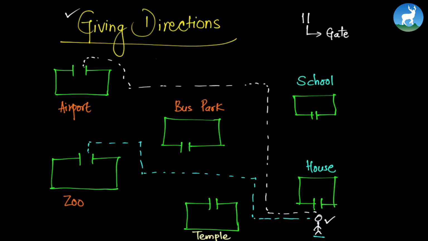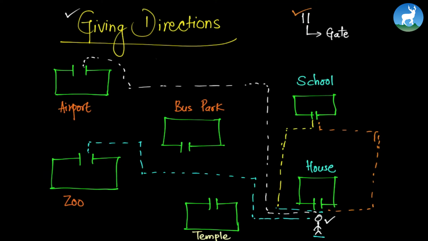How would you walk from your house to the school? You can either walk from here or you can go from another direction. This is another way of reaching your school. We are assuming that these black spaces are the roads, and this pair of parallel lines is the gate.